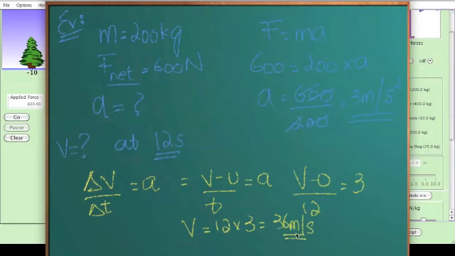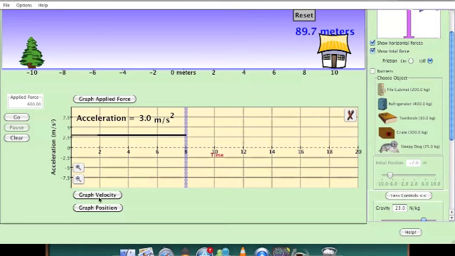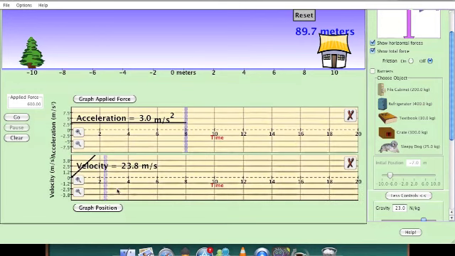Let's see what the applet has to say. Now I'm graphing velocity, and we will see when it comes to 12 seconds what the velocity is, whether it is 36 meters per second or not. Let's just continue. Let's just look here, and I'll pause at 12. There you go.